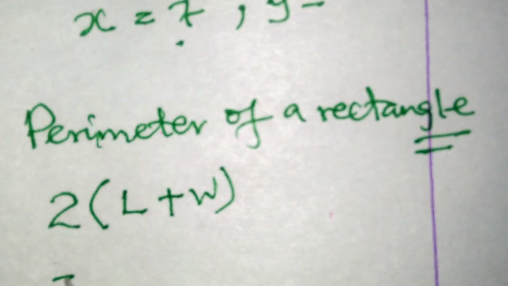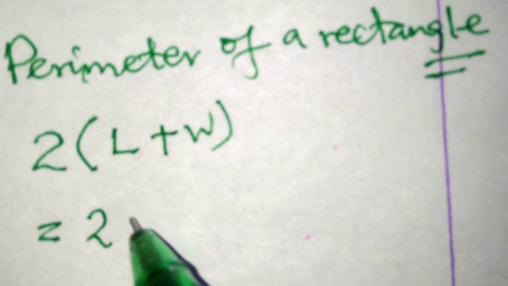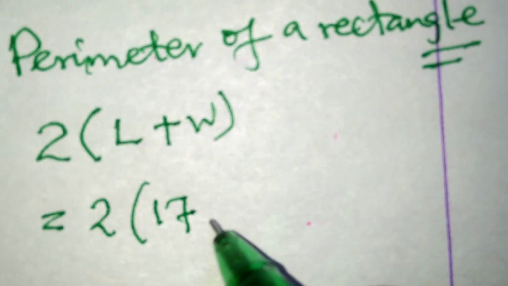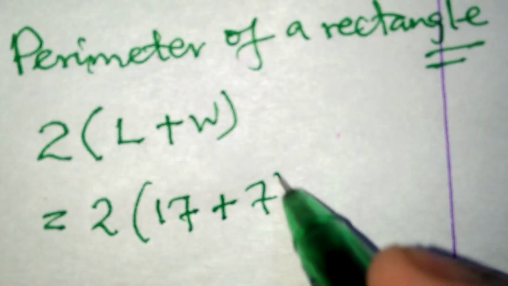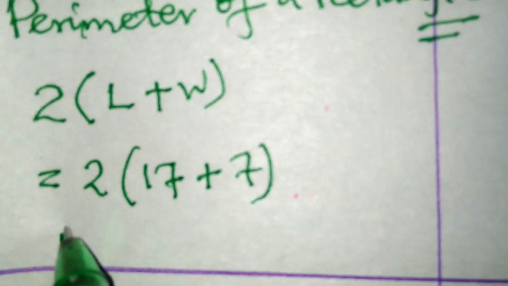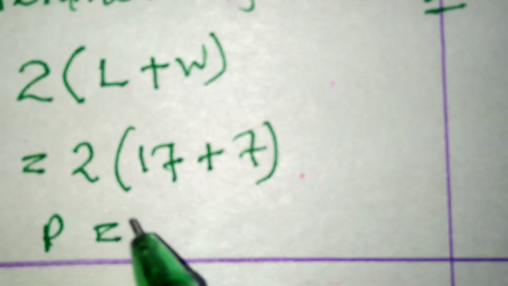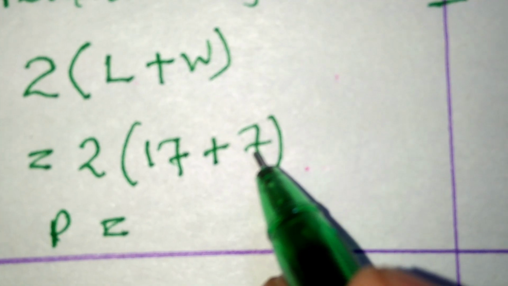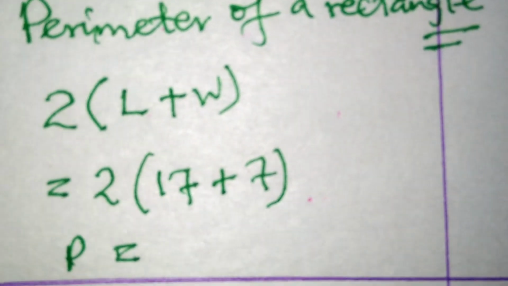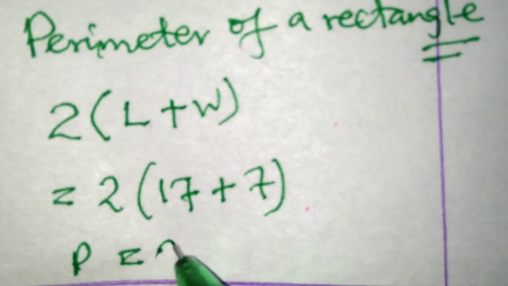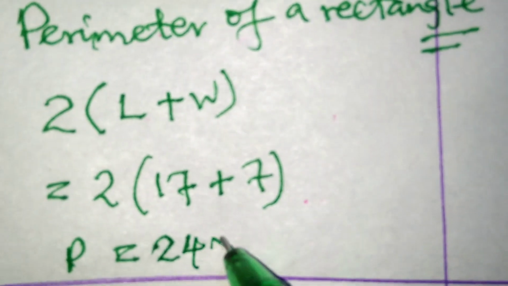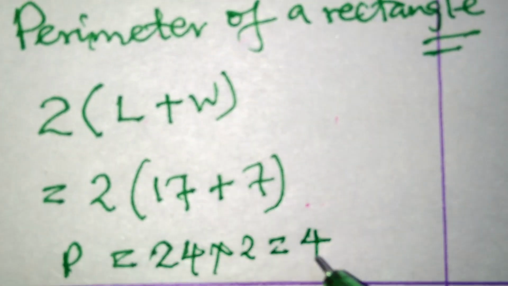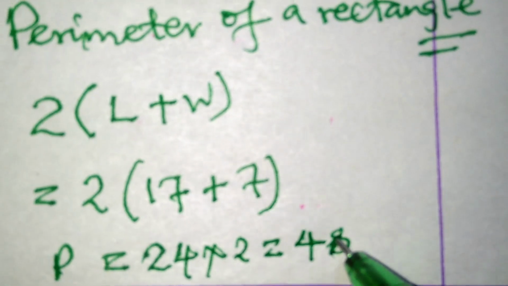We have found out that the length is actually 17 and the width is 7. So our perimeter P is going to be 2 times 17 plus 7, that is 2 times 24, which gives us 24 times 2, we end up with 48 centimeters.